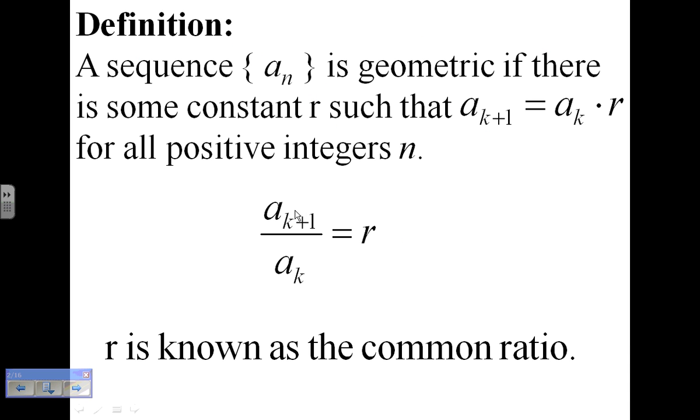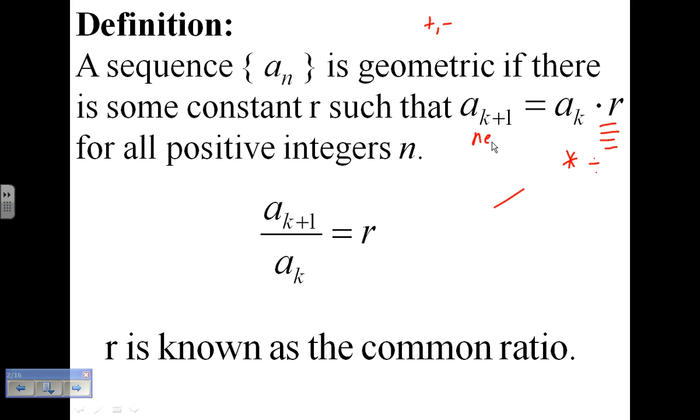So the geometric sequence is if you multiply by something to get the next term. So you have to multiply by r to get the next term. And so that's the biggest difference right there between arithmetic. Arithmetic, you add or you subtract. With r, you either multiply or you divide.